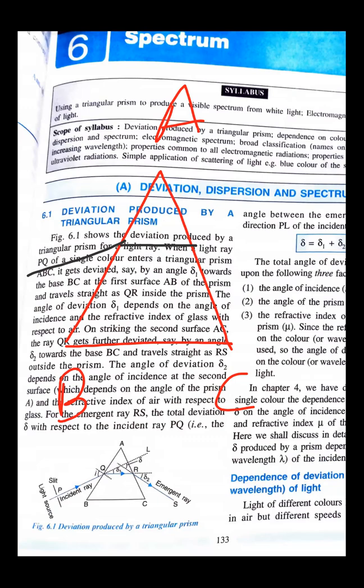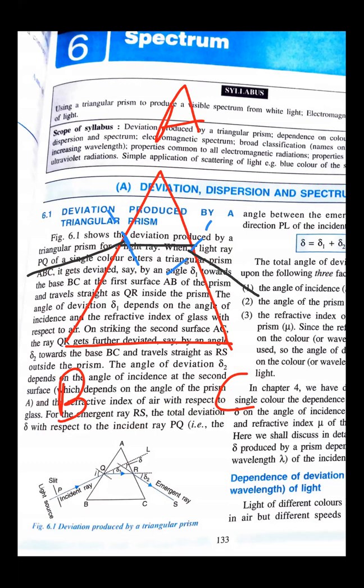This is the normal, and here you will have one more normal. So this light ray, instead of going straight, moves towards the normal. And at surface AC also, there will be refraction. So this ray of light will move from glass to air, that is in this direction.